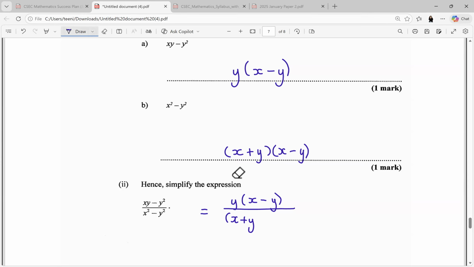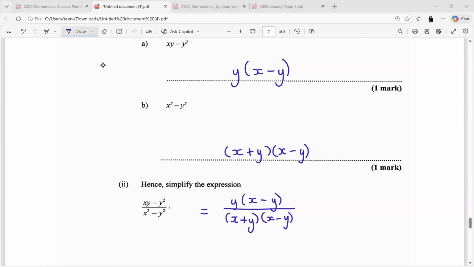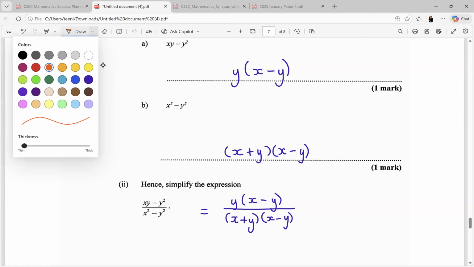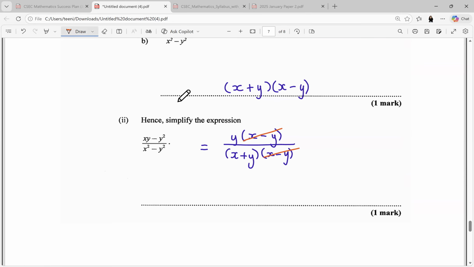And then we could simplify because we can cancel off two of those factors, right? So we'll cancel the x minus y and the x minus y. So we are left with y over x plus y. And remember, you cannot cancel the y's here because you have this plus sign.